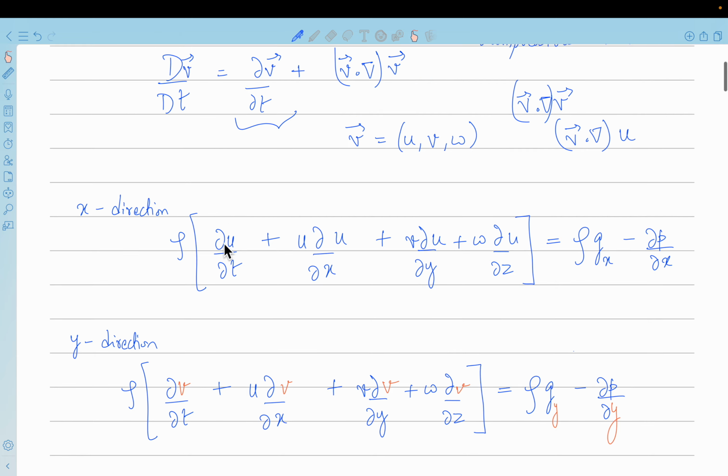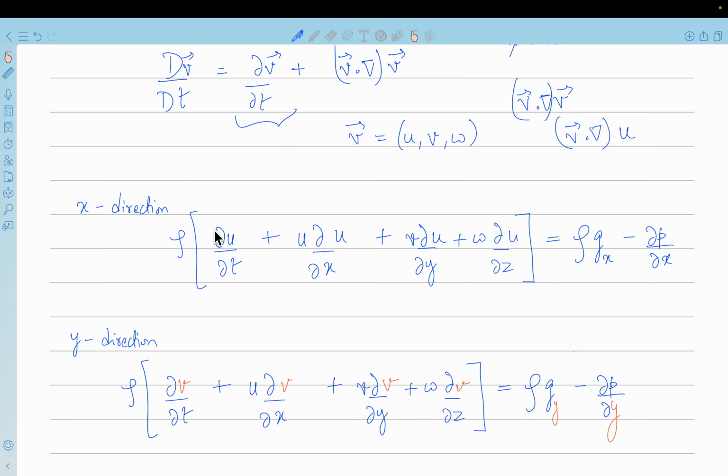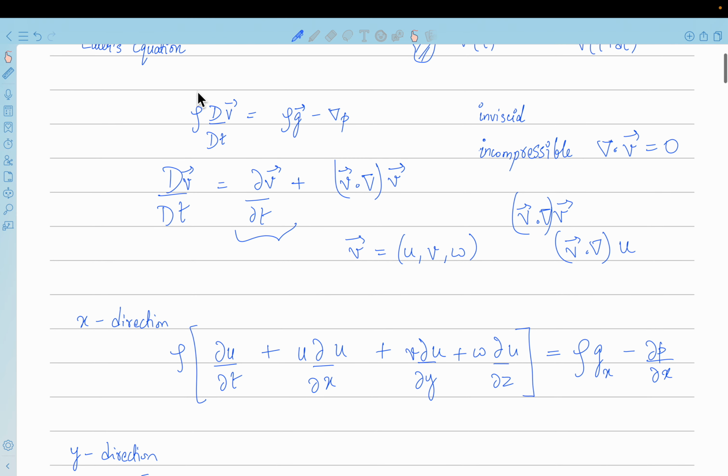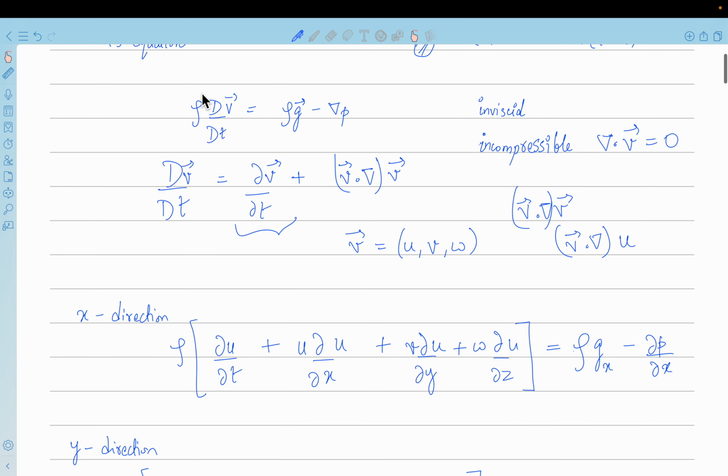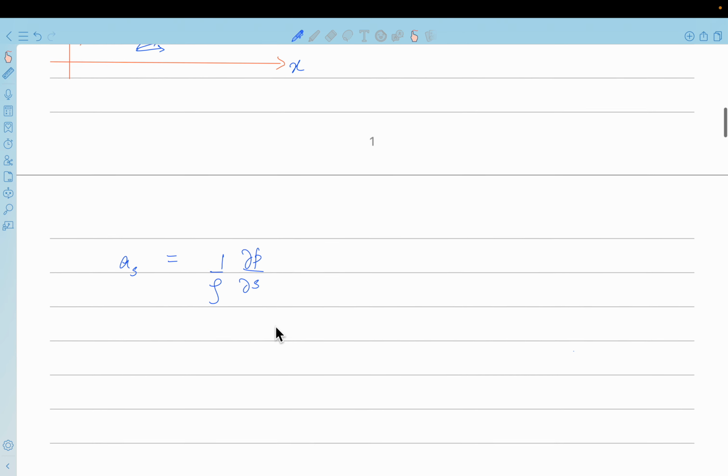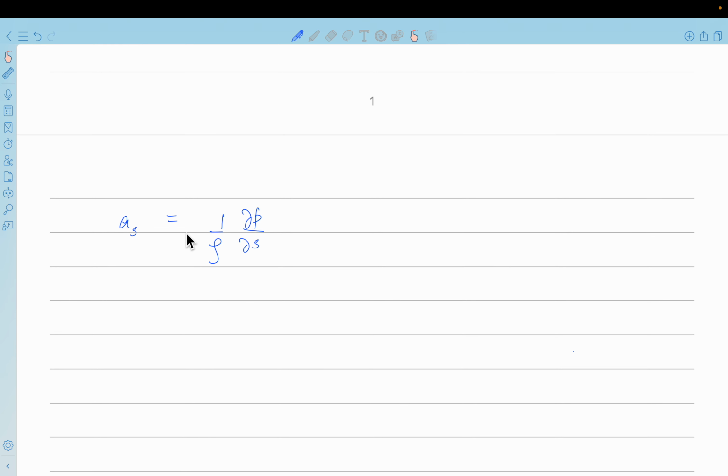Acceleration is, remember, only the du by dt term, so I have basically taken rho on this side. So I have a 1 by rho term here, and of course dou p by dou s, and then we also have a minus g into dou z by dou s.